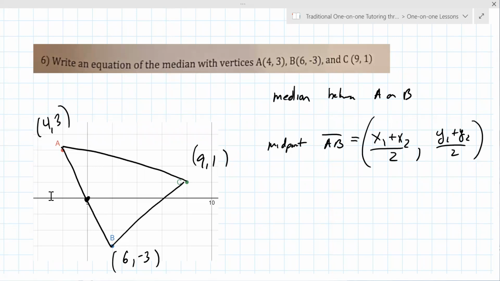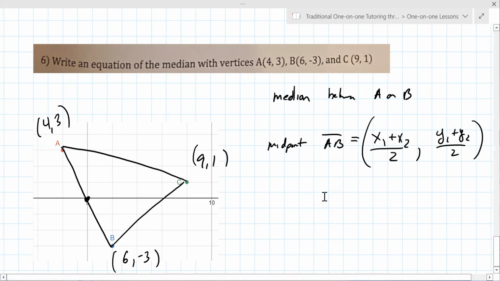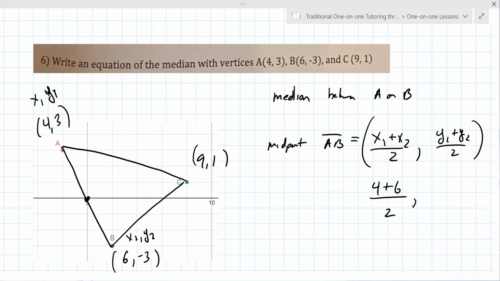Do you know which numbers to add, Sourish? So first up, you need to add x1 and x2. It's 4 and 6. X1 is 4, x2 is 6.